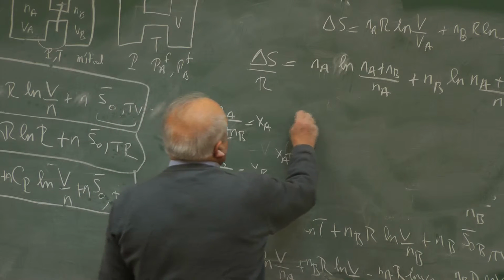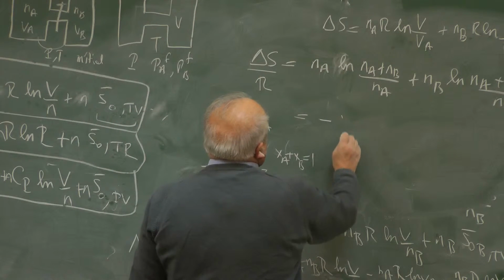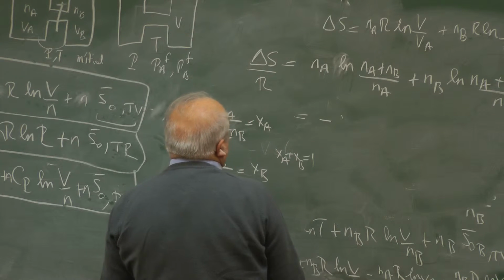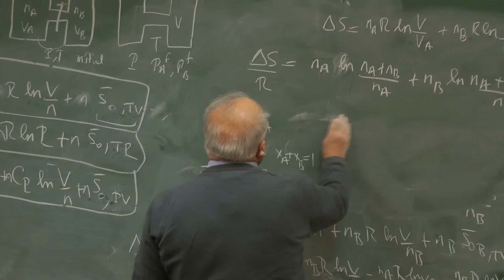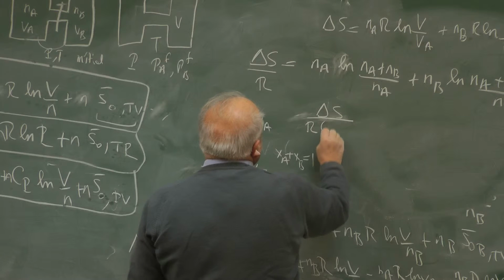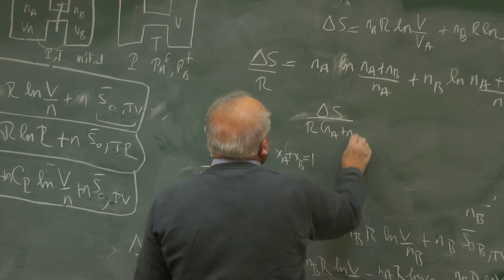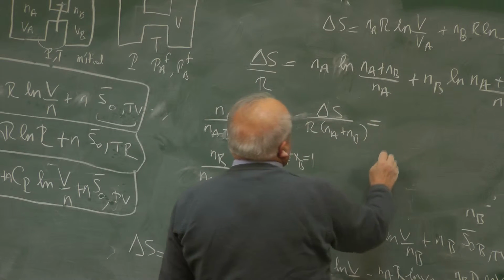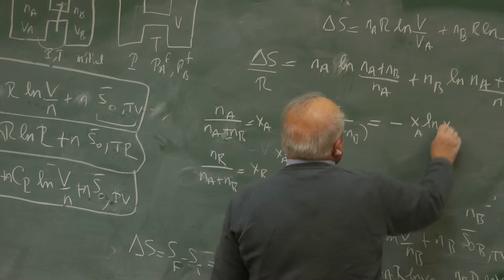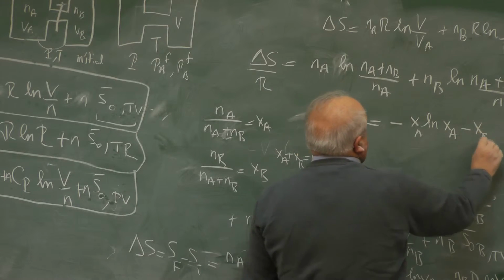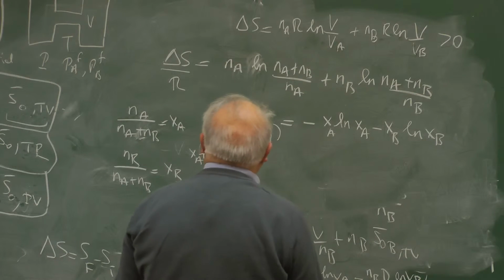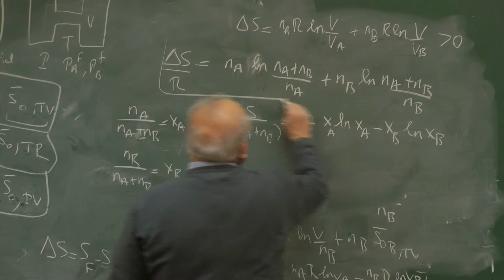So if I divide delta S by R times (NA plus NB), that's equal to minus XA log XA minus XB log XB. So it's another way of writing it.